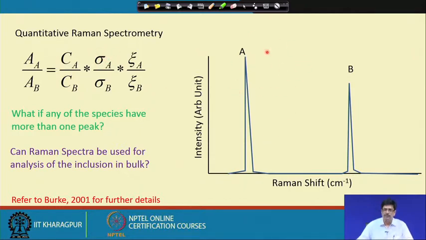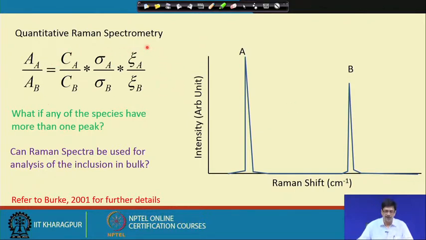Suppose we want to determine the proportion of methane and carbon dioxide here. We can calculate the area of the peak by the standard method of peak integration, or if you are using software, there are very popular and accessible software packages which will do the integration of the peak from the graph. If we calculate the peak area, that peak area is going to be proportional to this ratio.